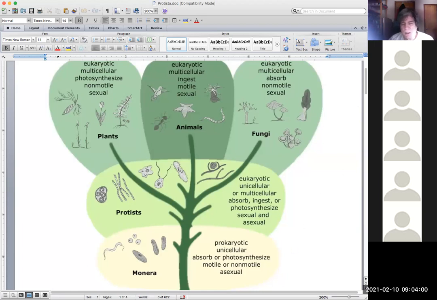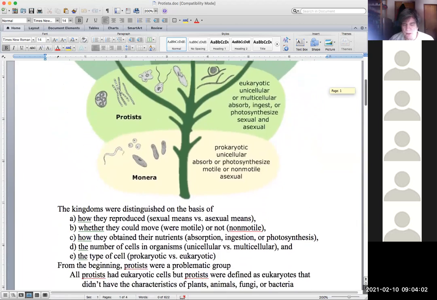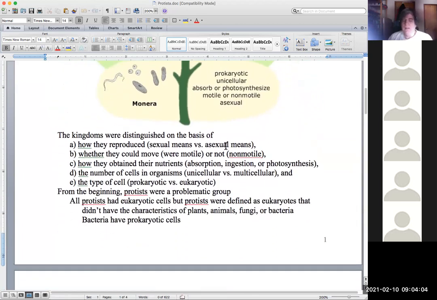And Whittaker used a couple of characteristics to divide these organisms into his kingdoms. He looked at how they reproduced, whether they reproduced asexually or sexually. He looked at whether they could move. Organisms that can move are called motile, or if you can't move, you're non-motile, if you're anchored in one place like a tree.